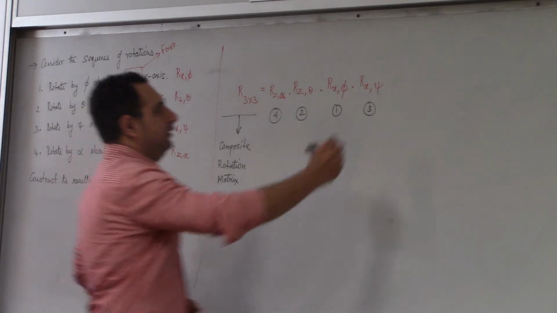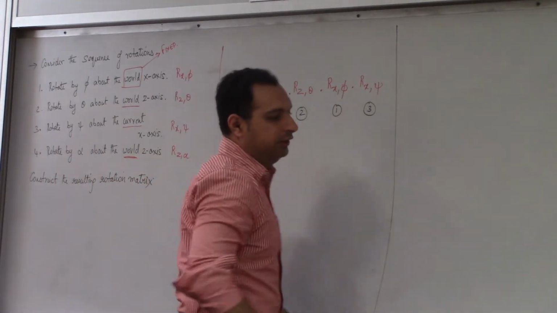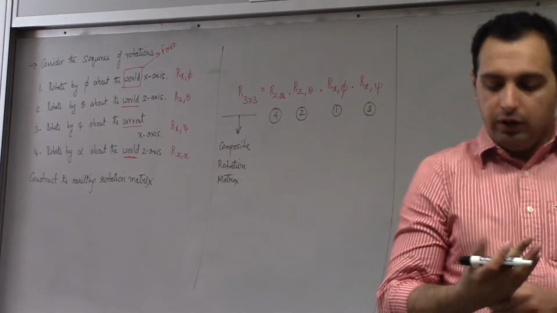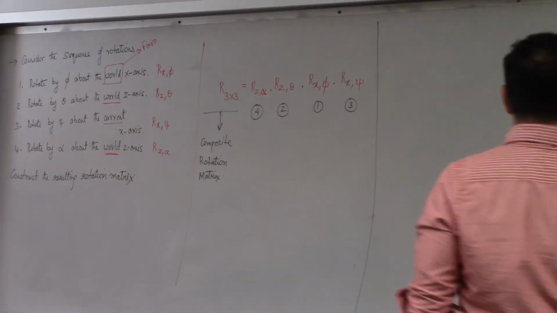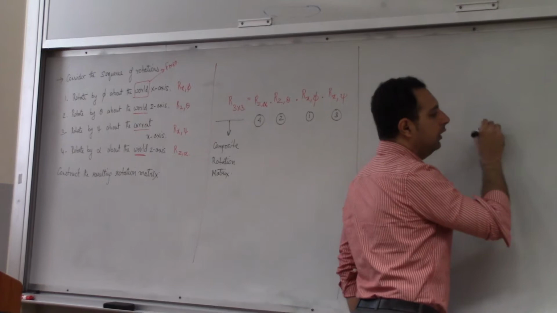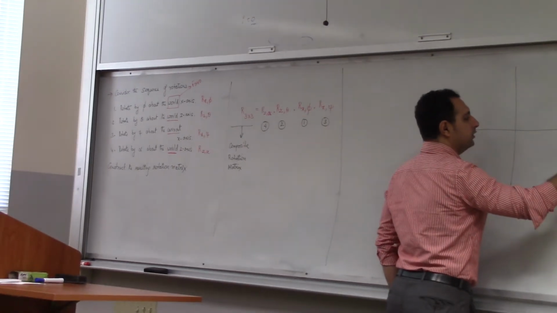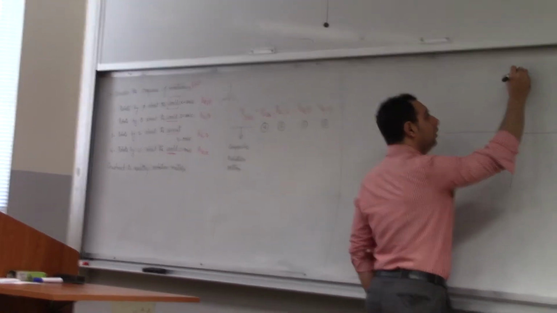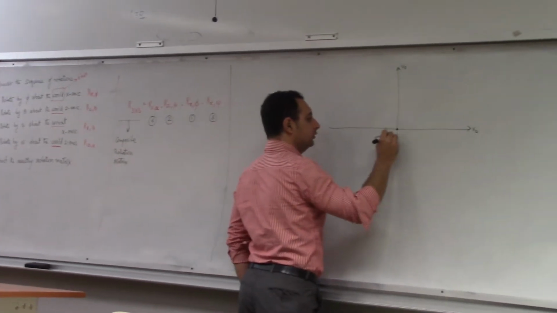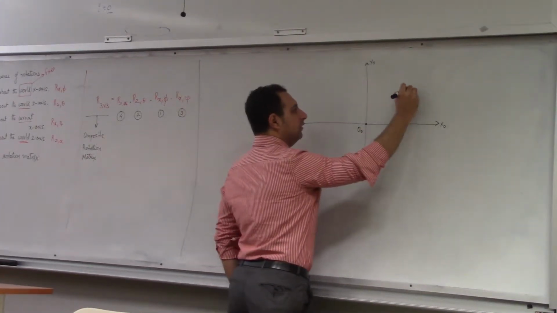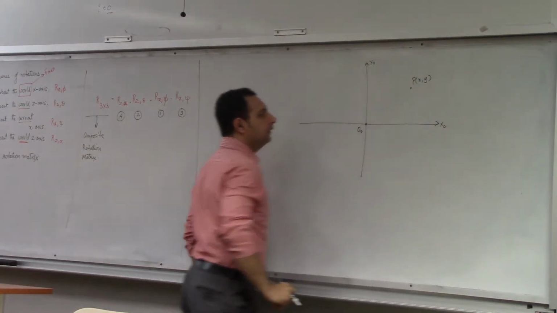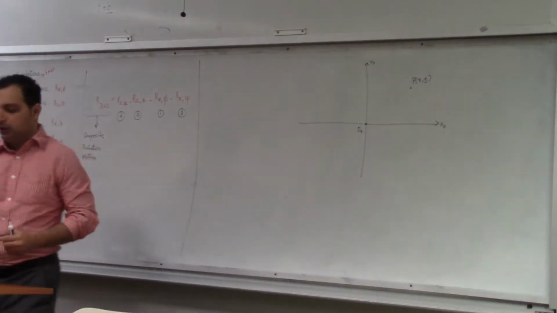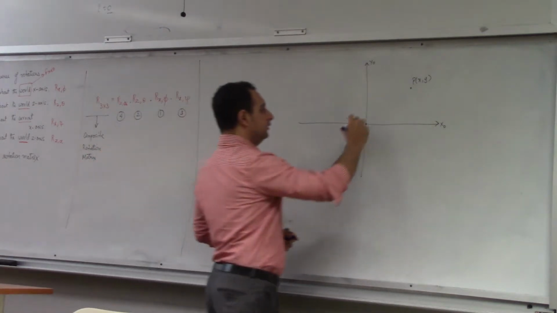One thing that I want to explain before we do inverse Euler is a different way of calculating the inverse angles. Let's say we have a coordinate frame like this. This is x0, y0, this is your origin, O0. Let's say I have a point P at x comma y. I have this as theta.